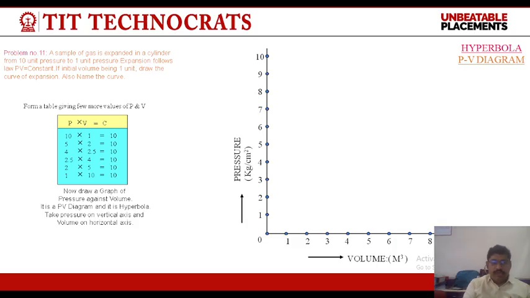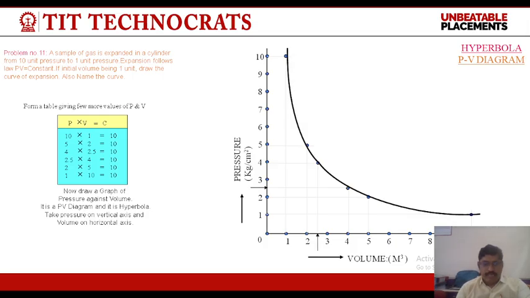From the table, given a few more values of P and V: 10 into 1, 5 into 2, 4 into 2.5, like this, then PV is equal to C, as C is constant. So when we do the multiplication, we always get a constant value, that is 10, and draw like this. This curve is known as a hyperbola.